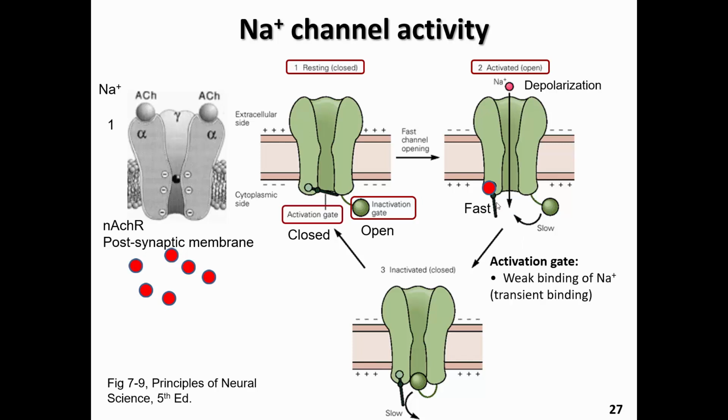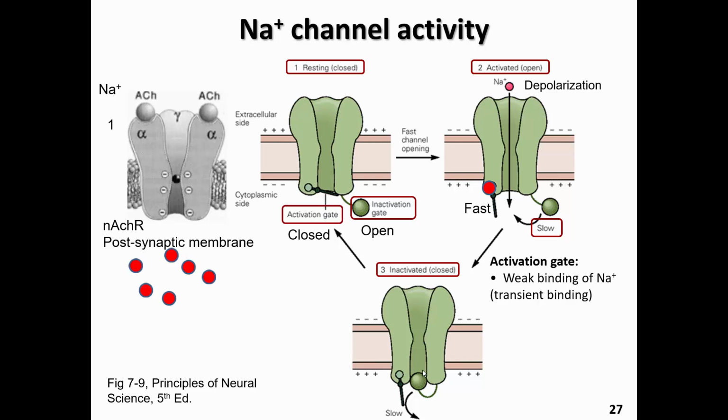And that opens up the activation gate. And the activation gate comes by way of weak binding of sodium on the inside of the cell, and it's transient. Now, that will trigger relatively quickly a slow closing of that gate. So we have a very fast opening that will trigger a slow closing of what's called the inactivation gate.